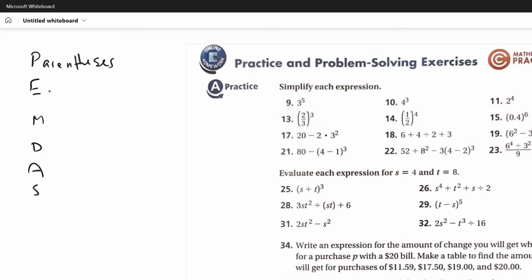E stands for exponents. M stands for multiply. D stands for divide. A is for add, and S is for subtract. So I'm going to use this text in front of me, and I'm going to work through some of the problems. So you should get out some paper and work along with me.